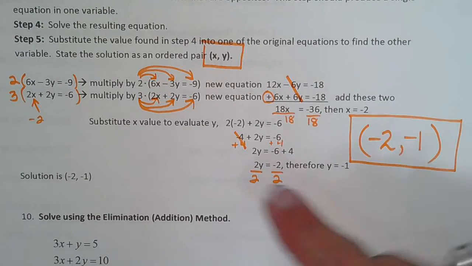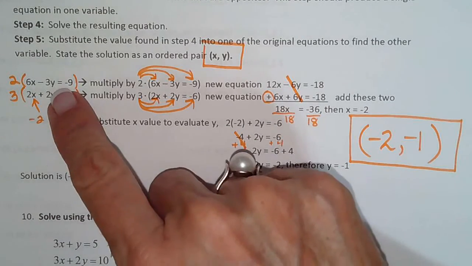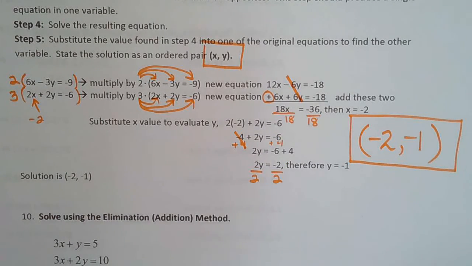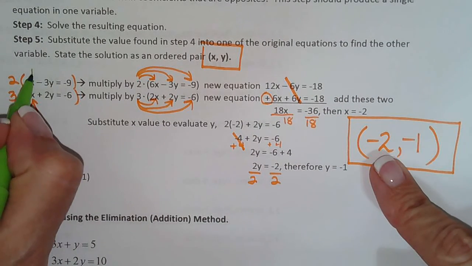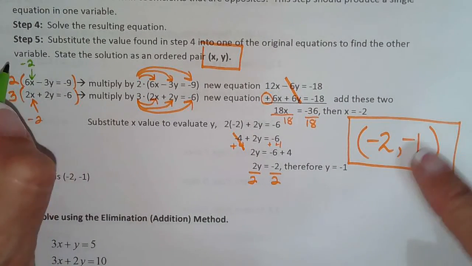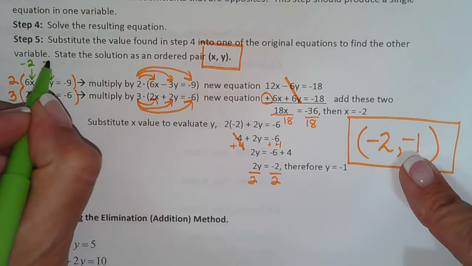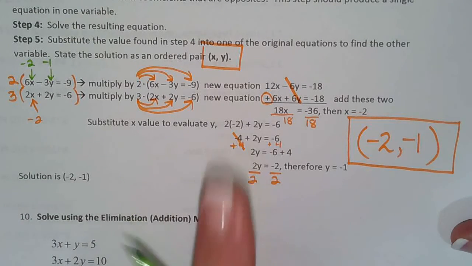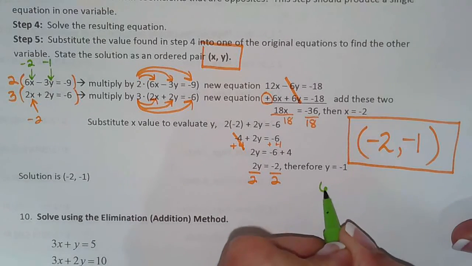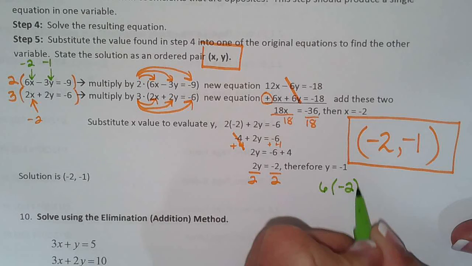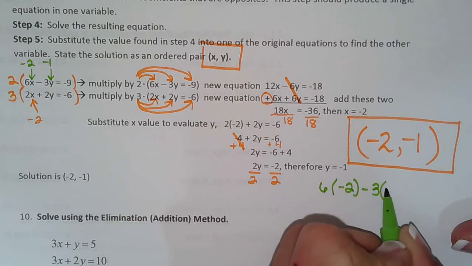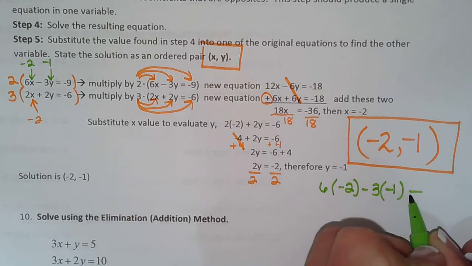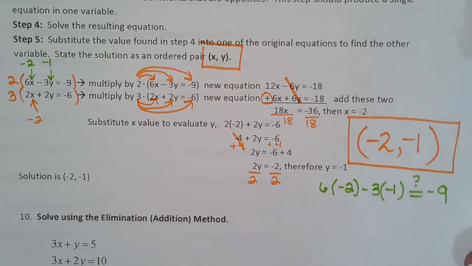To check it, well, we already put it into the first one. So if you want to check it, you need to go into the second one. So plug -2 in here, plug -1 in here, and check it because we already did this one, right? So you would do, does 6 times -2 minus 3 times -1, is that going to give me -9?